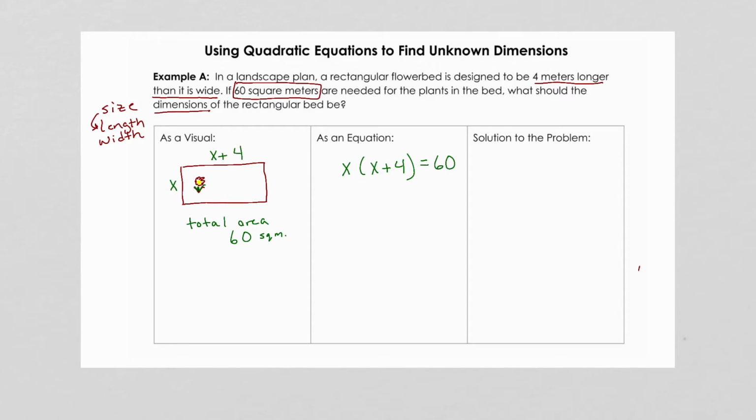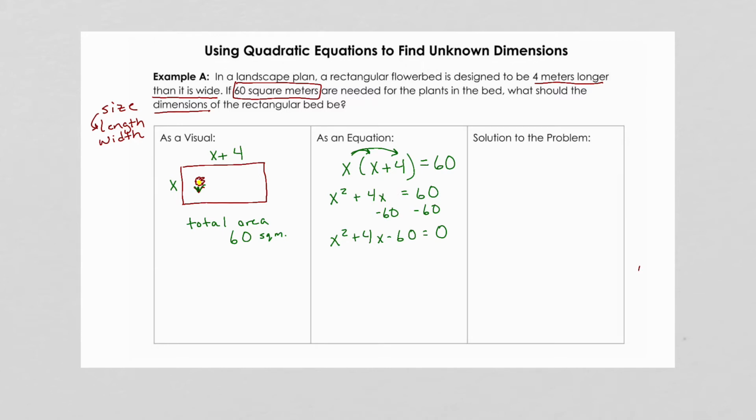So I can use the distributive property. I get x squared plus 4x equals 60. And then if I subtract that 60 from both sides, I get something that looks very familiar. It's a quadratic equation in standard form.